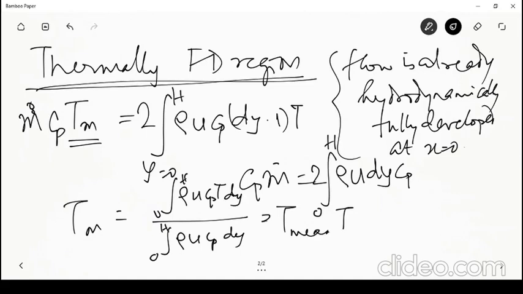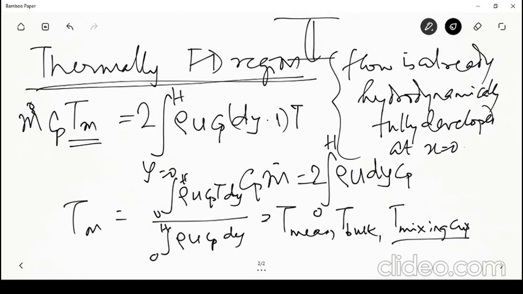This temperature is called T mean, or T bulk temperature. That is the average temperature of the bulk of the flow. It's also called the mixing cup temperature.